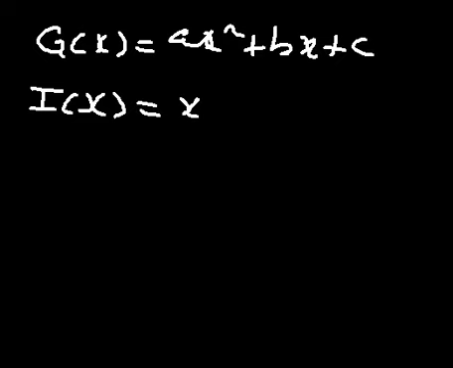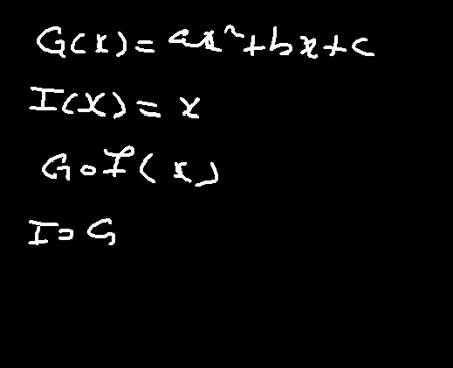So now compute the following: g composite I of x, and I composite g of x. Also try to work those problems out on your own, and see how best you can find the solution of those problems. So that's about the composite functions.